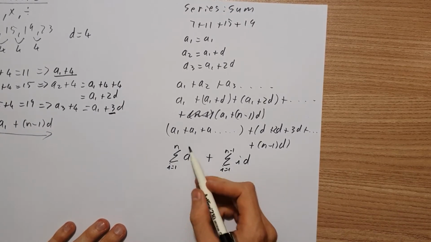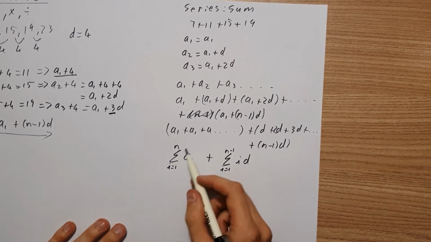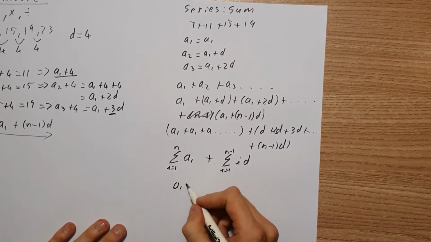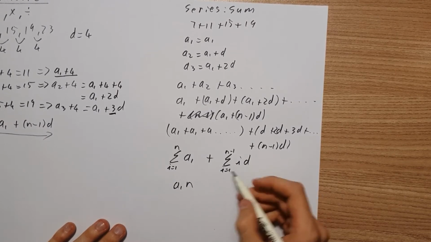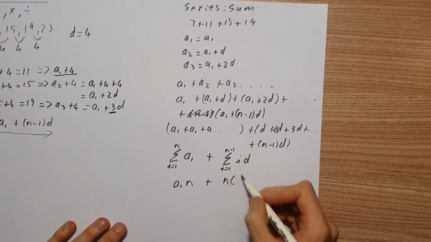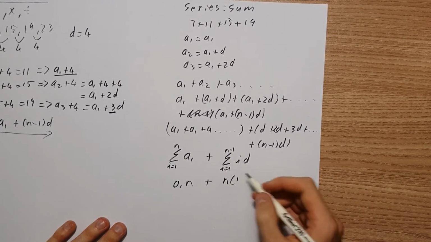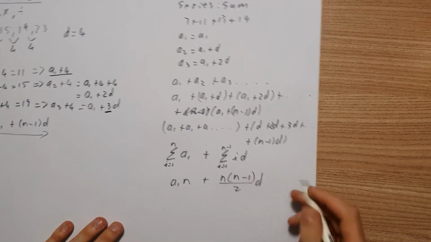My rule says that the sum of a1 is just going to be a1 times n. And remember, for the sum of i, it was n times the top number, which was n plus 1, but now it's going to be n minus 1, all over 2, times d.